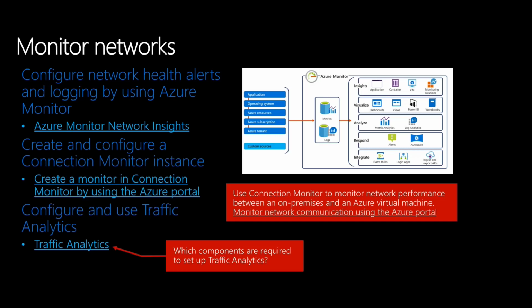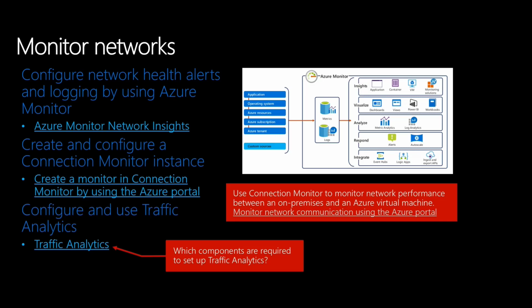Traffic analytics, the thing that's listed there at the bottom. Traffic analytics gives you visibility into user and application activity in your cloud networks. It uses Network Watcher NSG flow logs in order to give you insight into traffic flow in your Azure cloud.